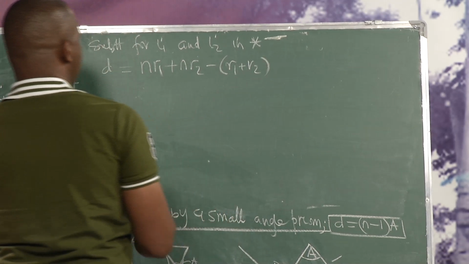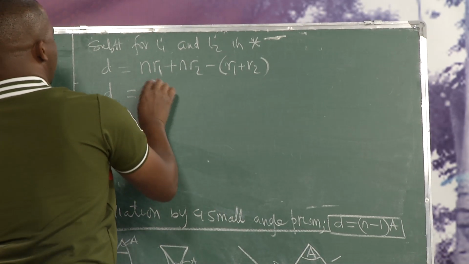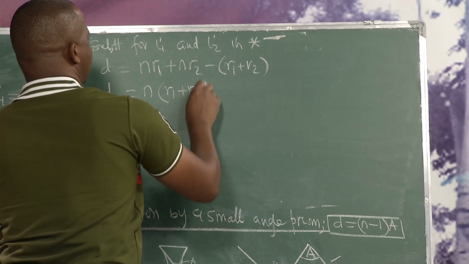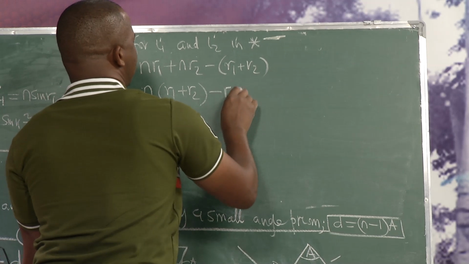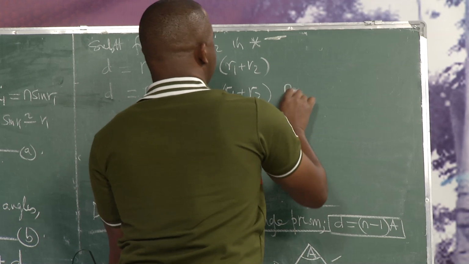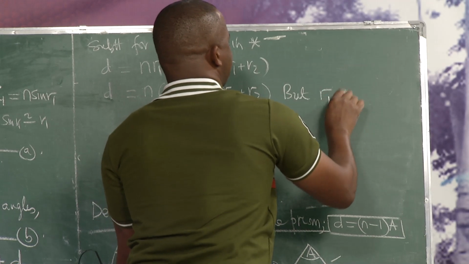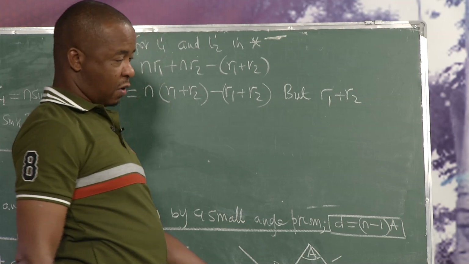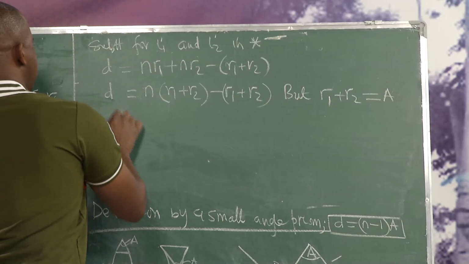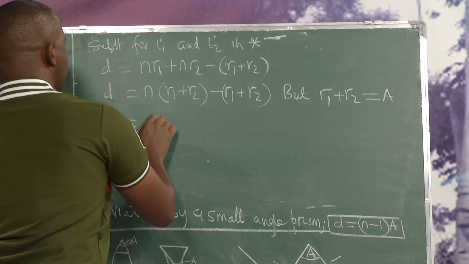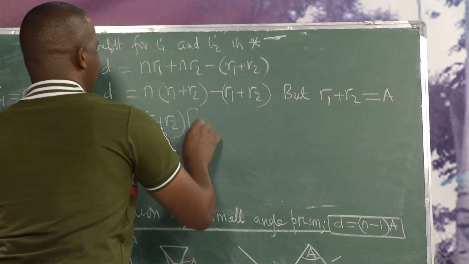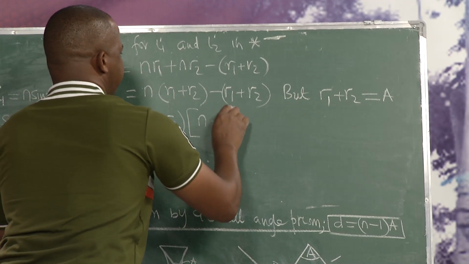If I do the factorization, I have n into R1 plus R2 minus R1 plus R2. But our R1 plus R2 from this triangle is A. So my D will be equal to R1 plus R2, which is a common factor, into n minus 1.